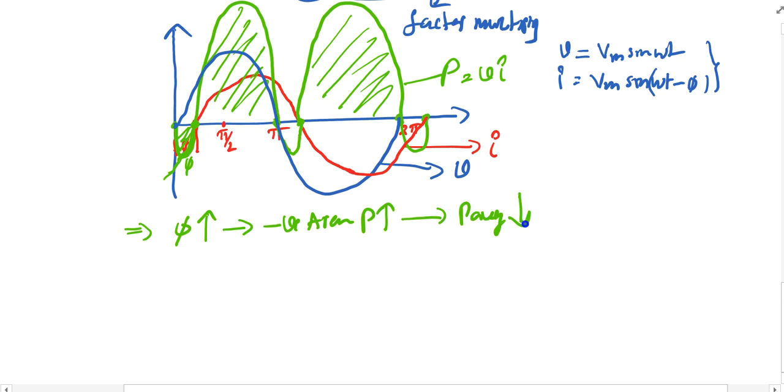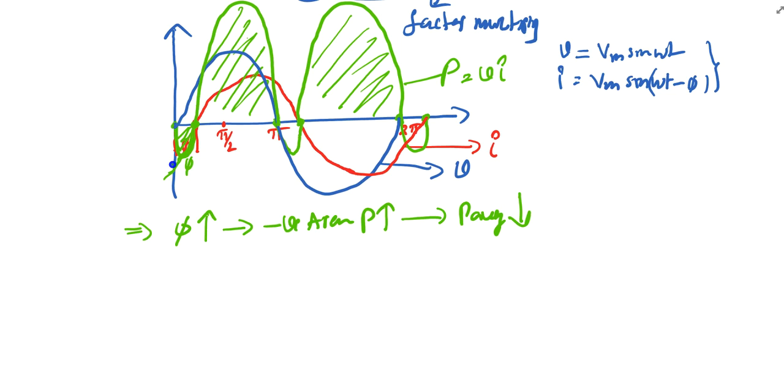Because the average power is nothing but the area under the positive cycle and the area under the negative cycle divided by the total period. So if you increase phi, the area under the negative cycle will increase, so obviously my average power is going to decrease. That is the meaning of this.